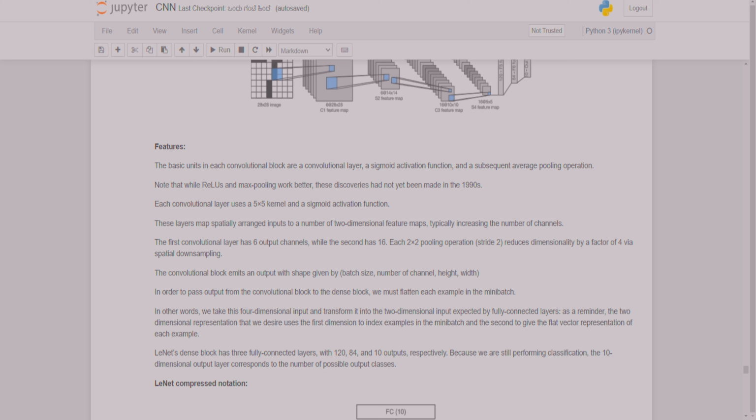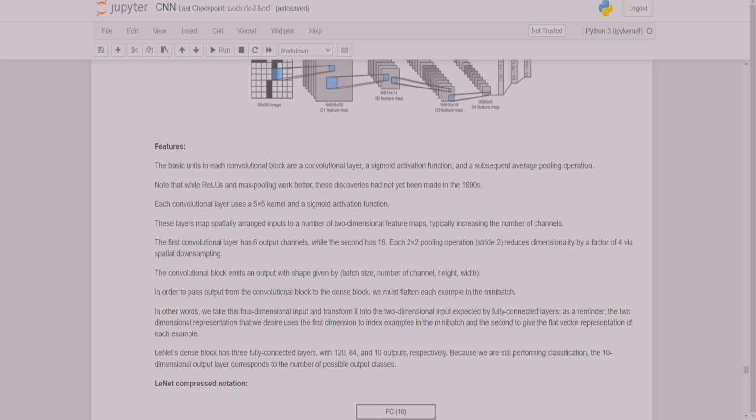The convolution layer uses a 5 cross 5 kernel size, according to them. Nowadays we can definitely modify this. If you want to change it to 3 cross 3 because you feel it is better, yes, we can do that. This is the original work carried out by the researchers.